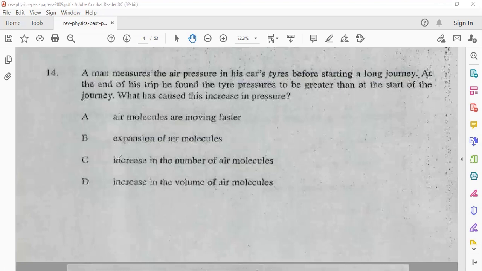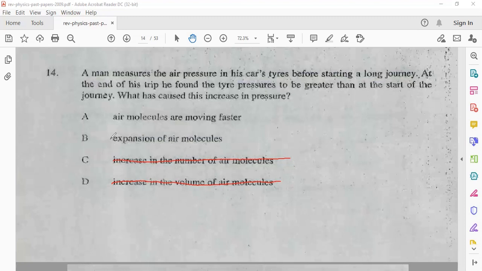Okay, size of the tire, we didn't put air in it, so there's no increase in the number of air molecules. Increasing the volume would actually have the opposite effect. That would not increase the pressure because if they have more space, then they would collide less frequently. So D is out.